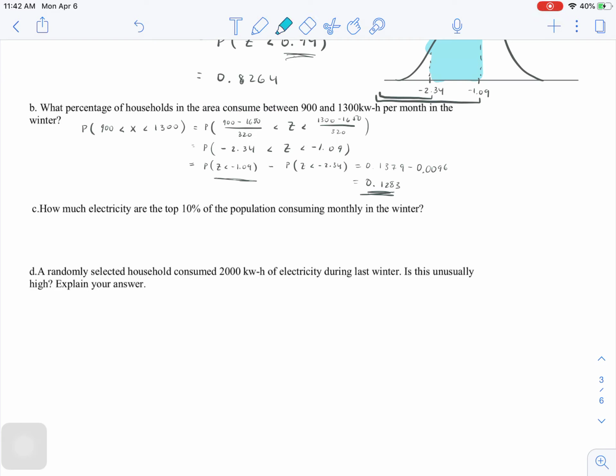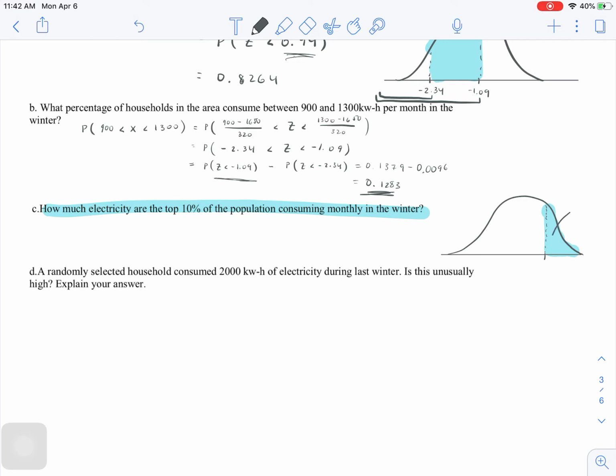All right, part C. We want to know how much electricity the top 10% of the population consumes monthly in the winter. So the top 10% of people, I can represent that using a z distribution graph.